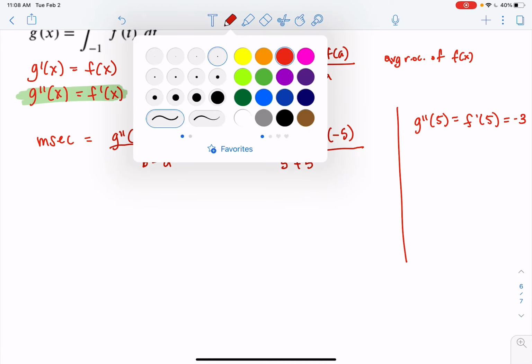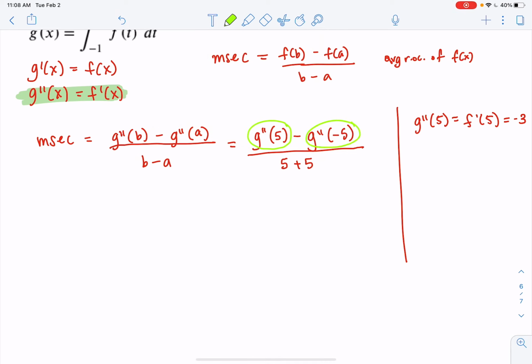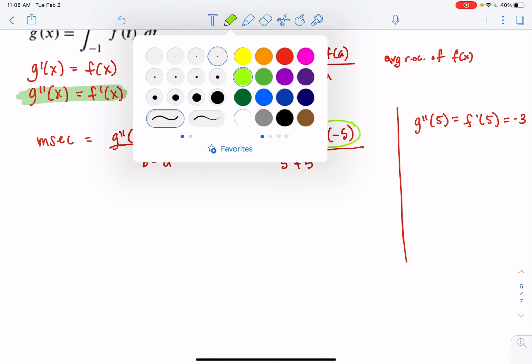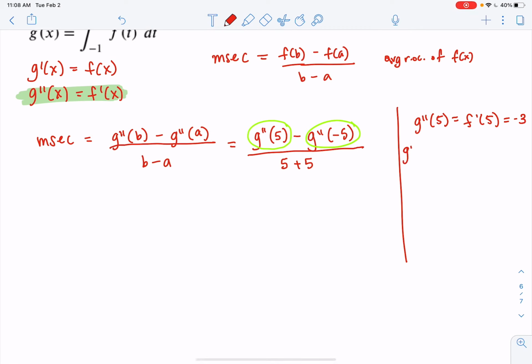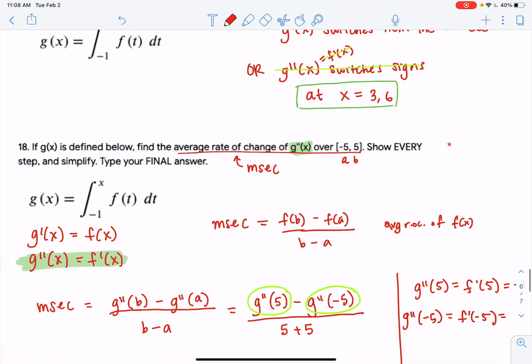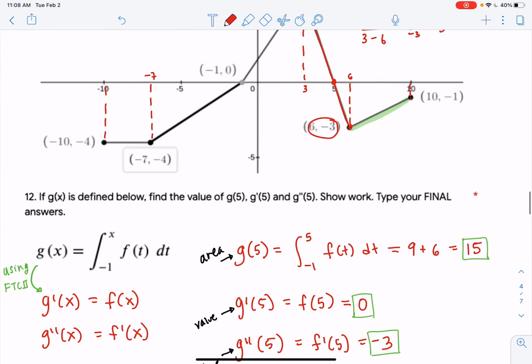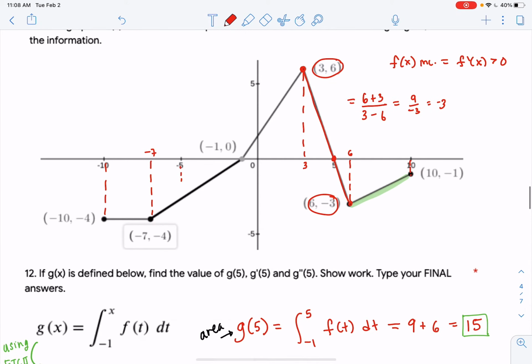Now let's find the second value. We want G double prime of -5. So plugging that again, G double prime of -5 is nothing more than f prime of -5. So let's go find the slope when x is -5. Okay, so we want the slope at that point. So we'll use this point here and this point here, which together will give us the slope.